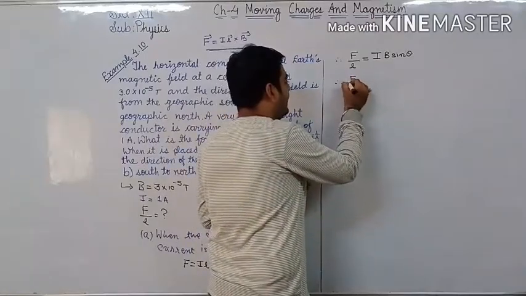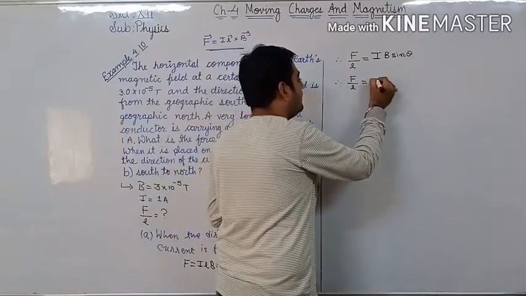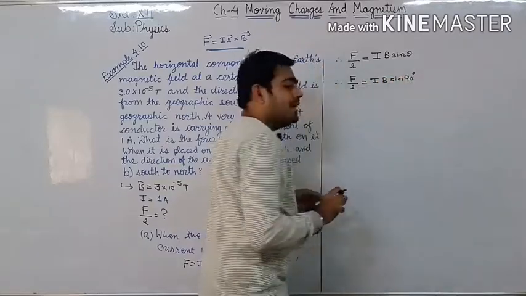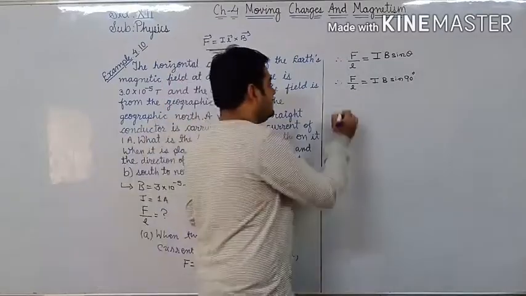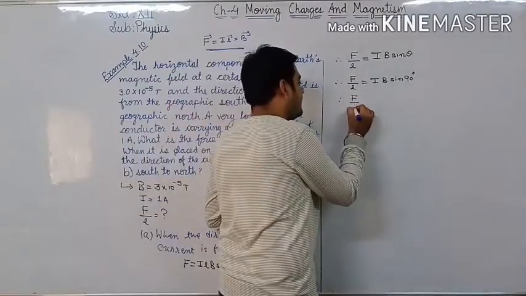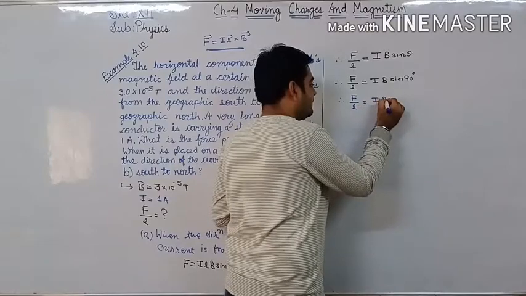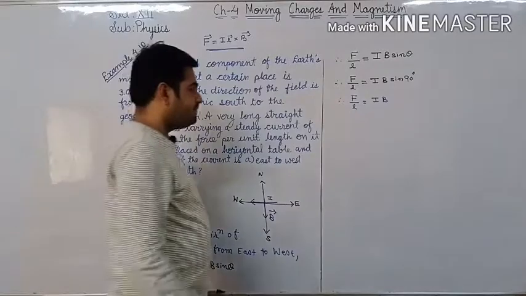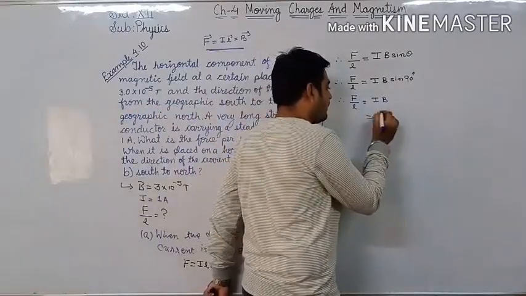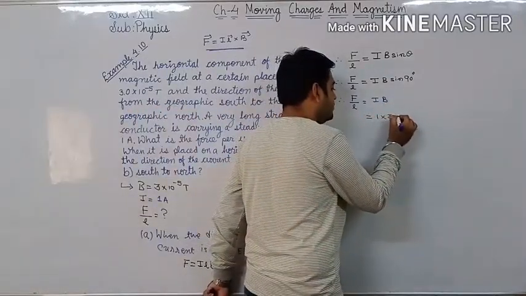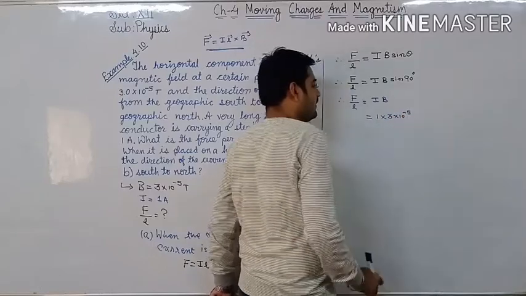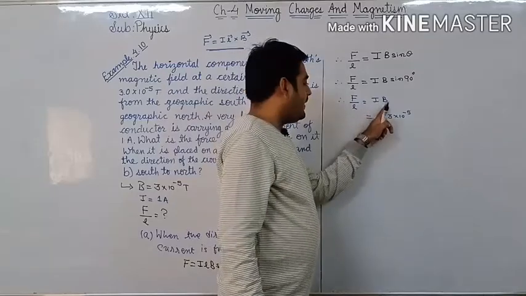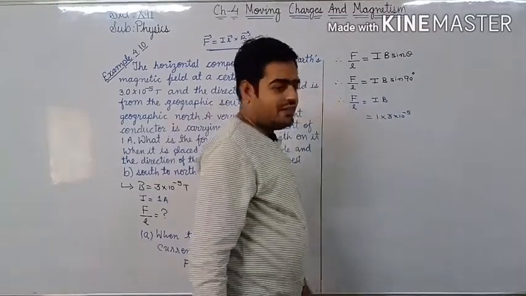Therefore F by L is IB sin 90 degree. What is the value of sin 90? That is 1. So F by L is nothing but IB. Value of electric current is 1 ampere, and magnetic field is 3 into 10 raised to minus 5 Tesla.